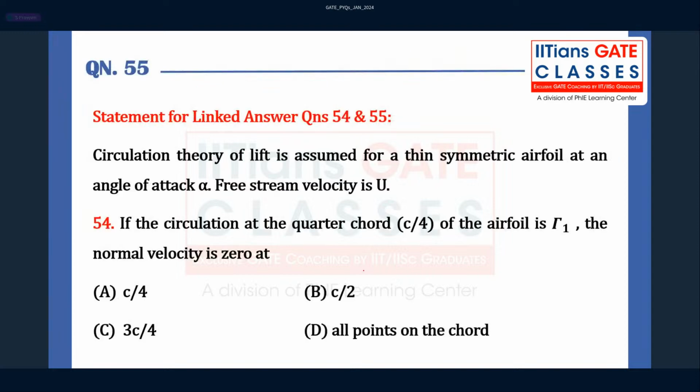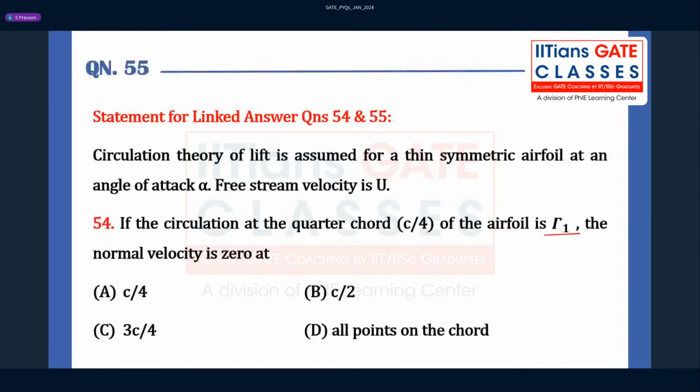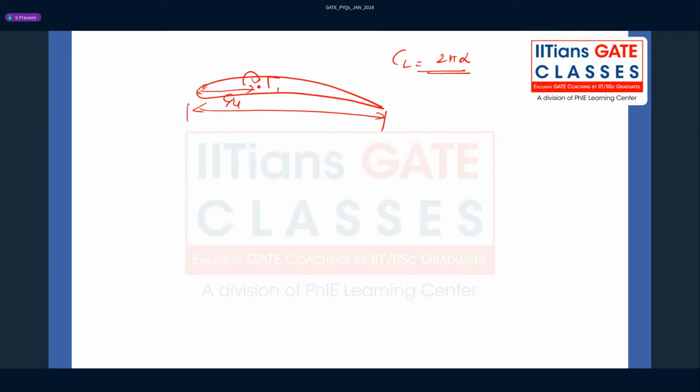Now he says that if the circulation at the quarter chord is gamma 1, so let's say that's the value of circulation, then the normal velocity is 0 at which location? So let's mark some points in here.